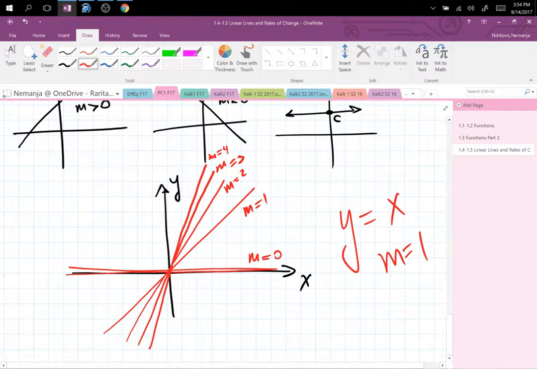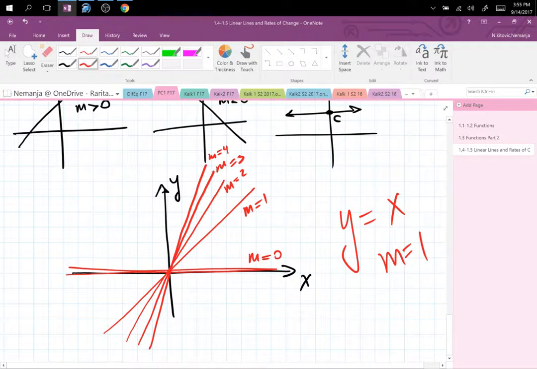See how the slopes work? You can have a half slope. The negative slopes are going to do the same thing, except they're going to go down. So negative 1 slope at 45, and then negative 2, negative 3, negative 4, negative infinity, all the way to undefined slope, which is infinite slope.